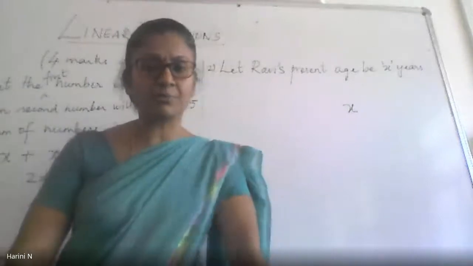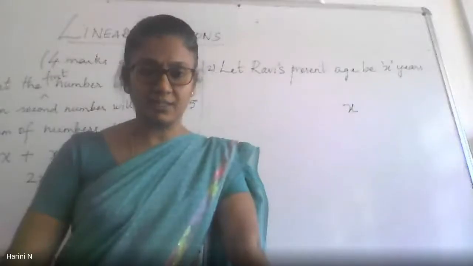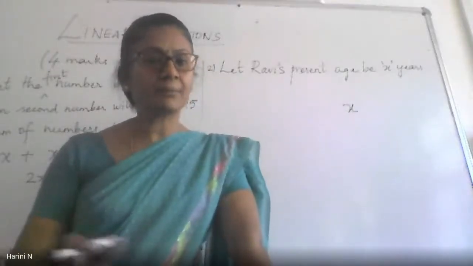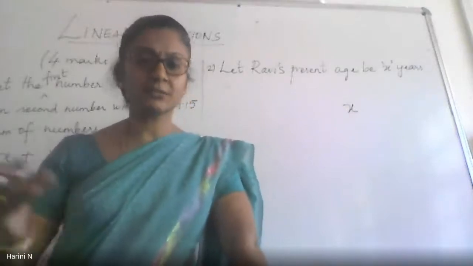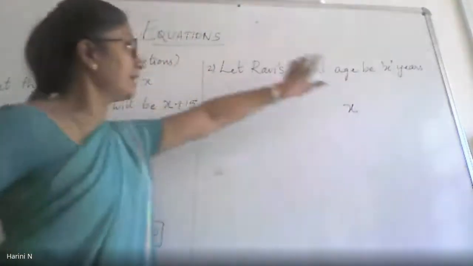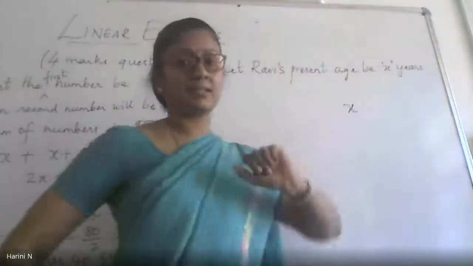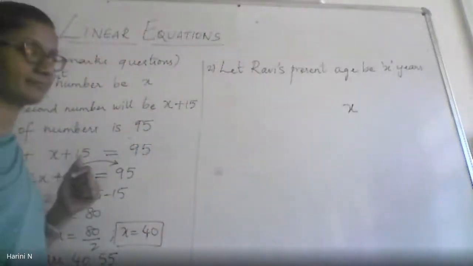Ma'am, 13 plus 5. Somebody asks you what will be 5 years from now, what will be your age? What should you do? I'm adding. You have to add those 5 years to 13 to tell, yes, I will be 13 plus 5, which will be 18 years after 5 years. Or 5 years from now, I will be 18 years old. Like that, Ravi's present age is X. 15 years later, what will be his age?